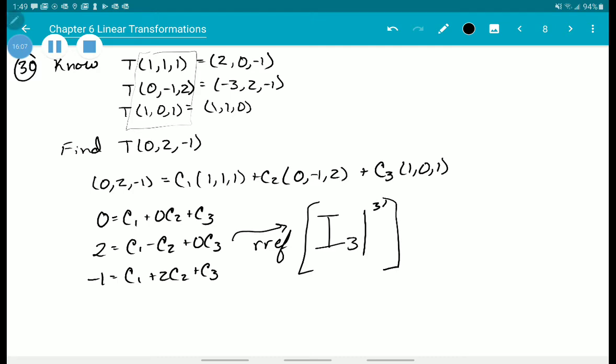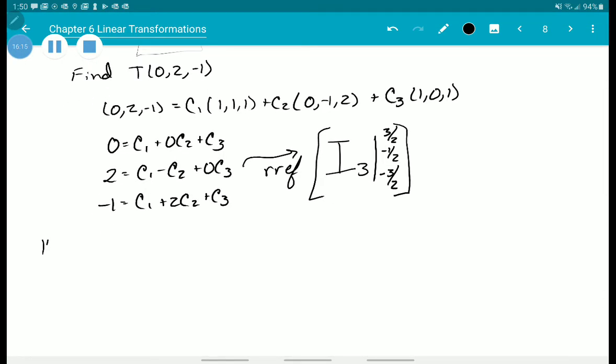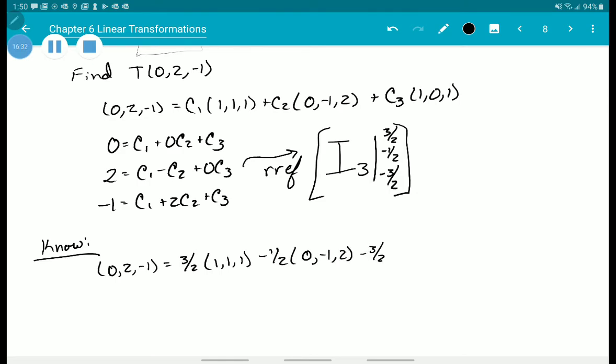So I got 3/2, -1/2, and -3/2. So let's talk about what we know. We now know that we can rewrite this vector 0, 2, -1 as 3/2 times that first vector 1, 1, 1 minus 1/2 times the second vector 0, -1, 2 minus 3/2 times the third vector 1, 0, 1.